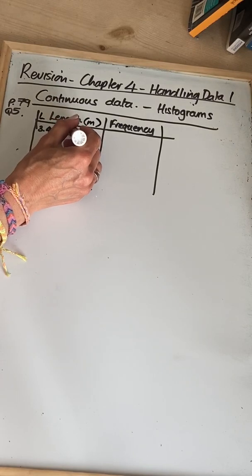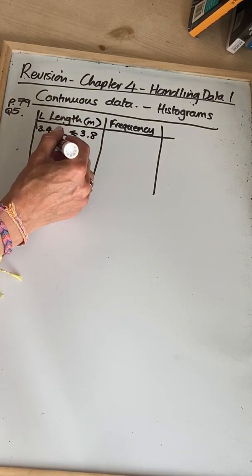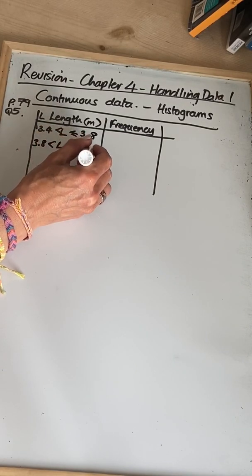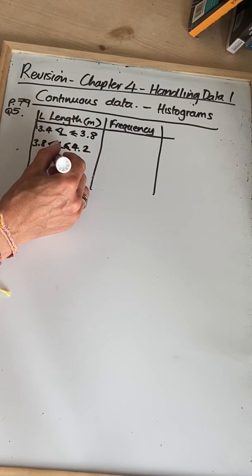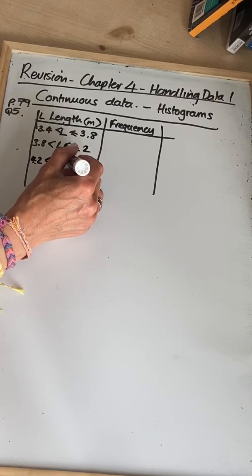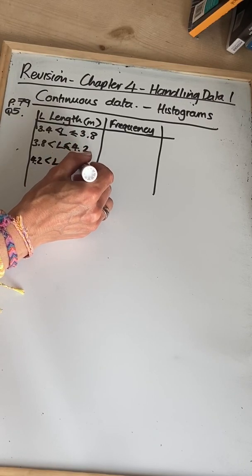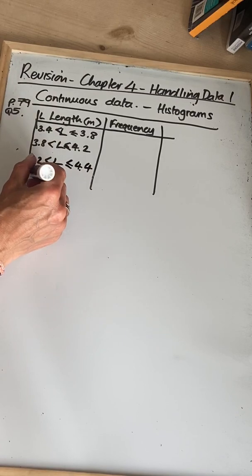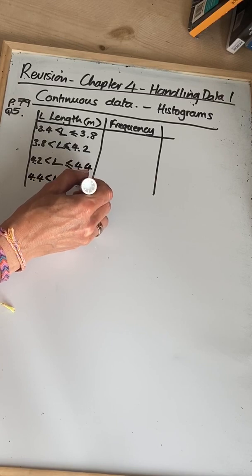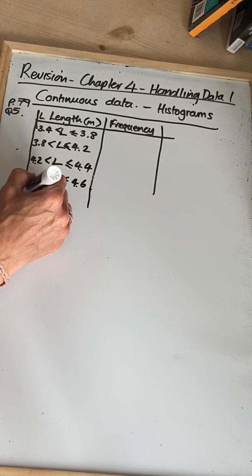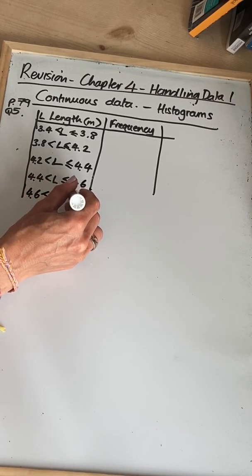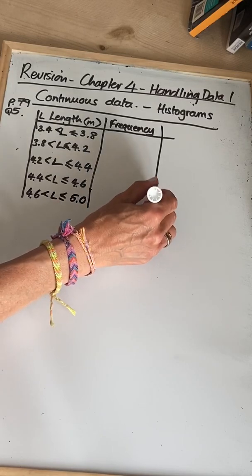And these ones are between 3.4 and 3.8, and then 3.8 and 4.2, and between 4.2 and 4.4, and between 4.4 and 4.6, and finally between 4.6 and 5, so the longest car in this car park is 5 meters.